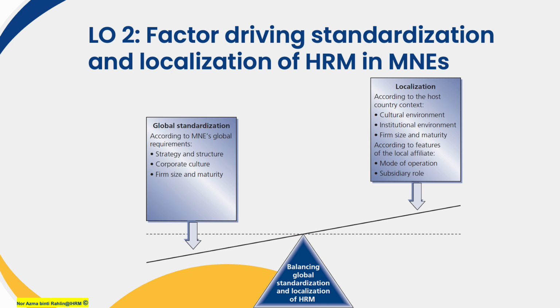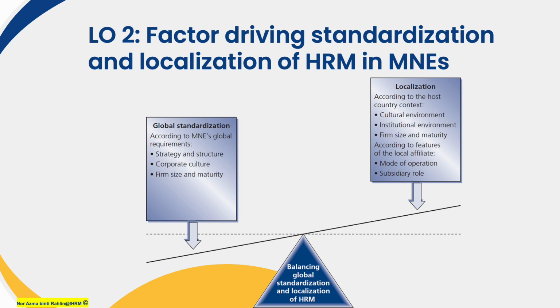So according to this slide, you have to use two approaches and make sure it's balanced. Balancing standardization and localization is important for internationalization of your company. Too much standardization may lead to inefficiency in the local market, while too much localization can create inconsistency within the organization.